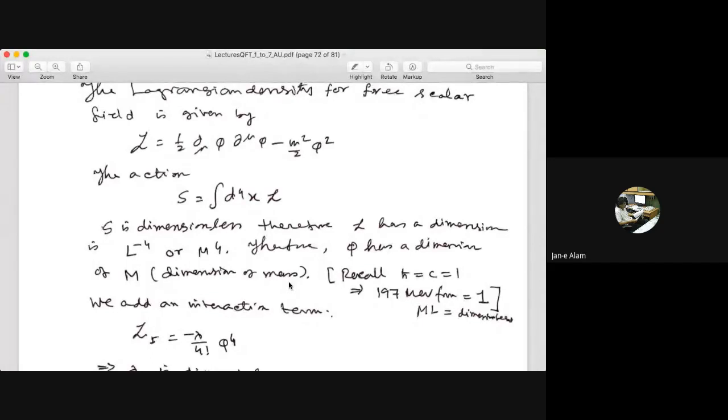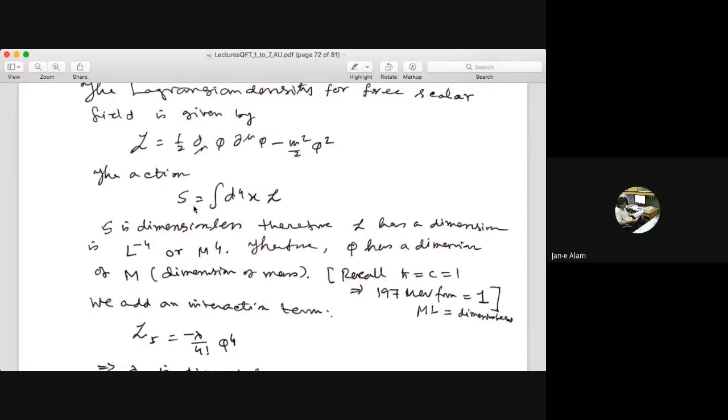Now let us check the dimension of this L. This is very important because I am going to introduce the interaction now, and we should know what kind of interactions we can use here. So I am first going to check the dimension of L. Now you see, S, the action, has no dimension, right?